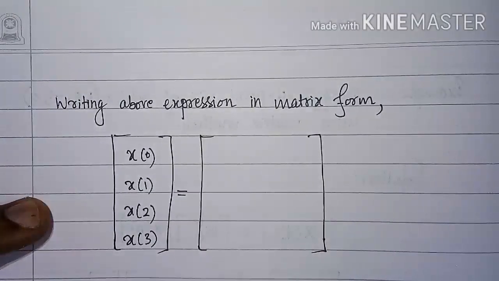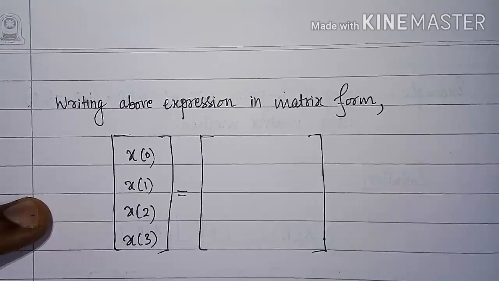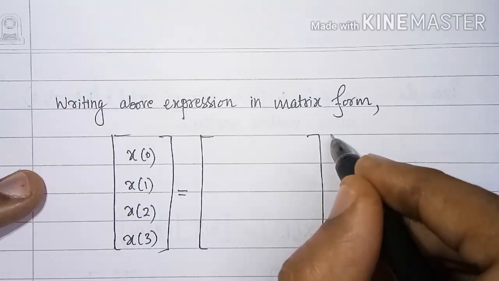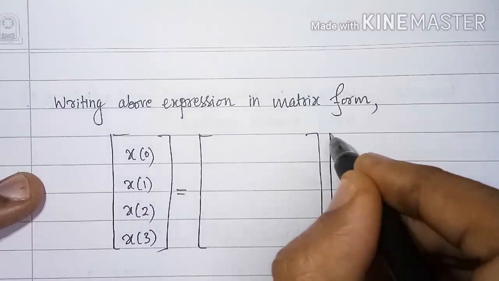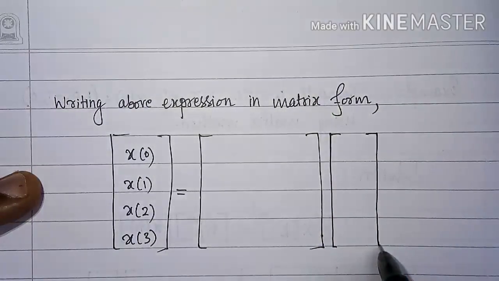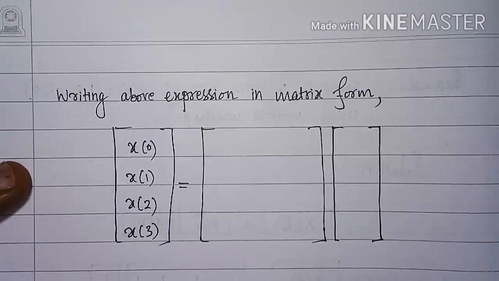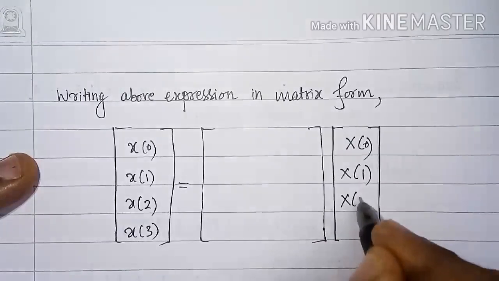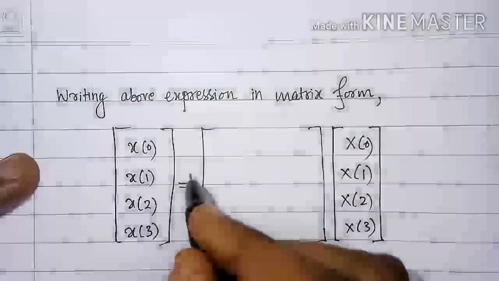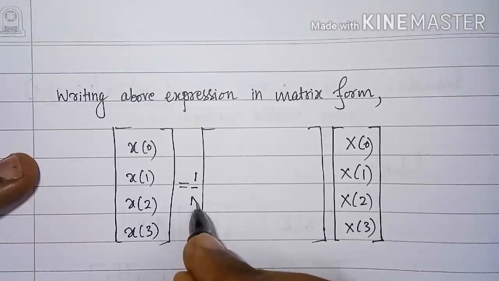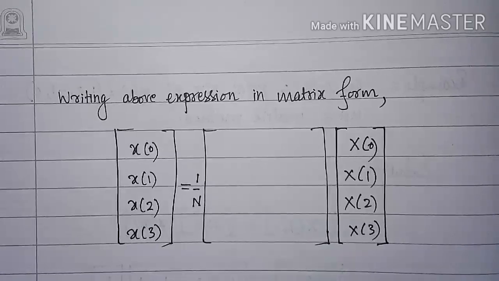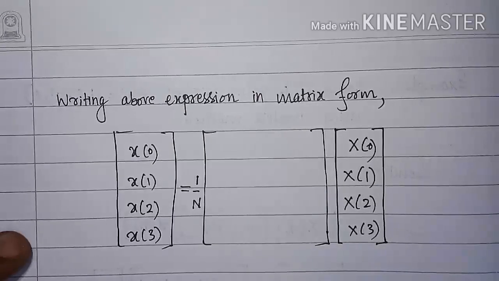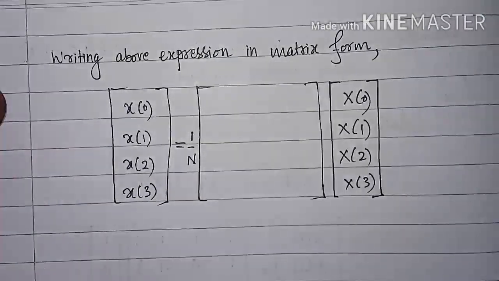Writing the above expression in matrix form, x of 0, x of 1, x of 2, x of 3 is equal to the twiddle factor or IDFT transformation matrix, times capital X of 0, capital X of 1, capital X of 2, capital X of 3, the product of the two matrices divided by N. And N here is of course 4.